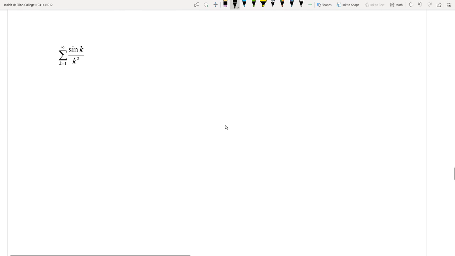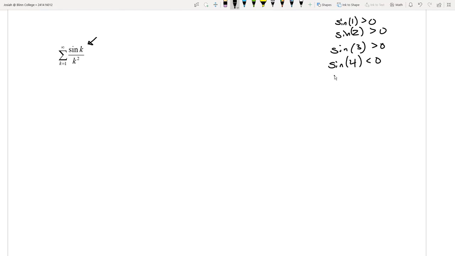So here's a problem. Since we have sine of k, remember that this is not going to be strictly alternating. Sine of 1 is positive. Sine of 2 is also positive. Sine of 3, that's just under pi, so we're positive. Sine of 4, that's over pi now, so we're negative. Sine of 5 is negative.